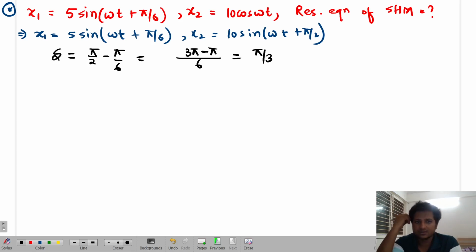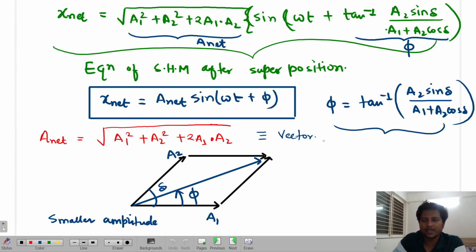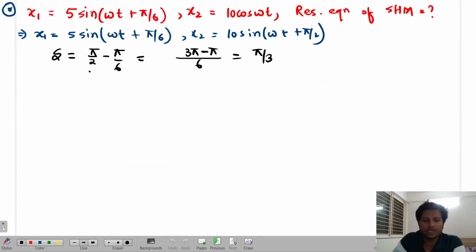So the question arises, look over there. When you are writing delta, you are writing pi by 2 as first or not? So you see that the formula is what? That is A2 sine. So basically, which one will be A1? A1 is the smallest amplitude. So 5 is my smallest. So x net will be how much?